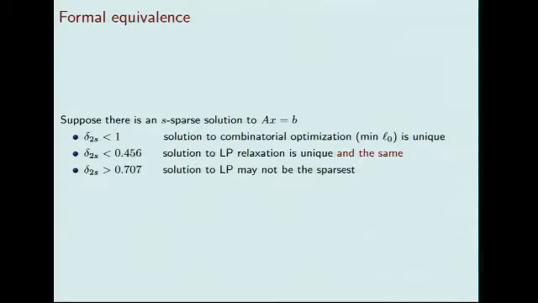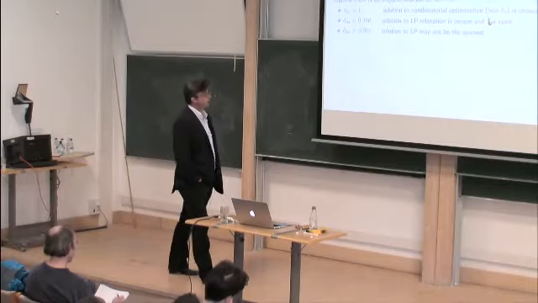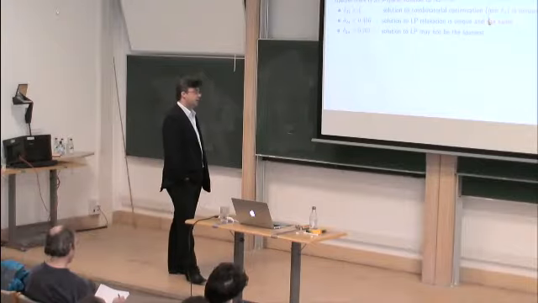And if we have a bit more tightness around 1, if delta 2S is less than 0.456, we know that the solution to the L1 problem is unique and is the solution to the L0 problem. So we have a formal equivalence between something that is combinatorially hard, which is to solve the L0 problem subject to Ax equals b, and something which is a linear program, which is to solve an L1 problem under the constraint that Ax equals b.